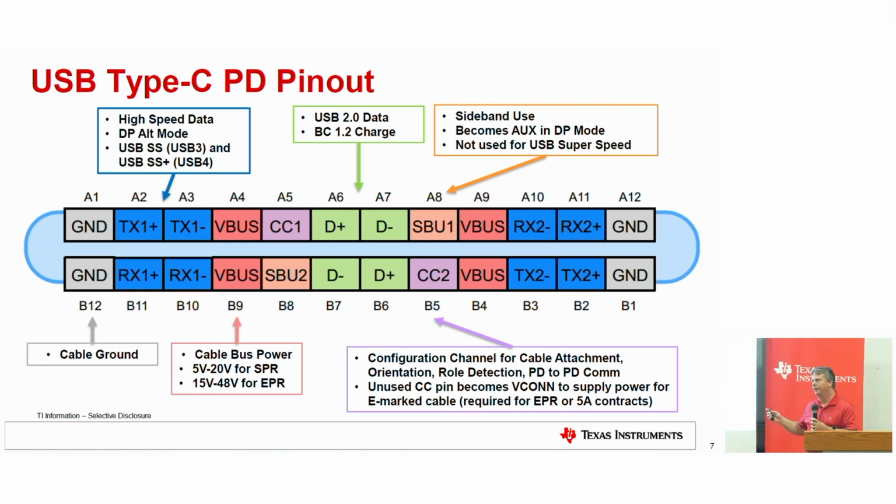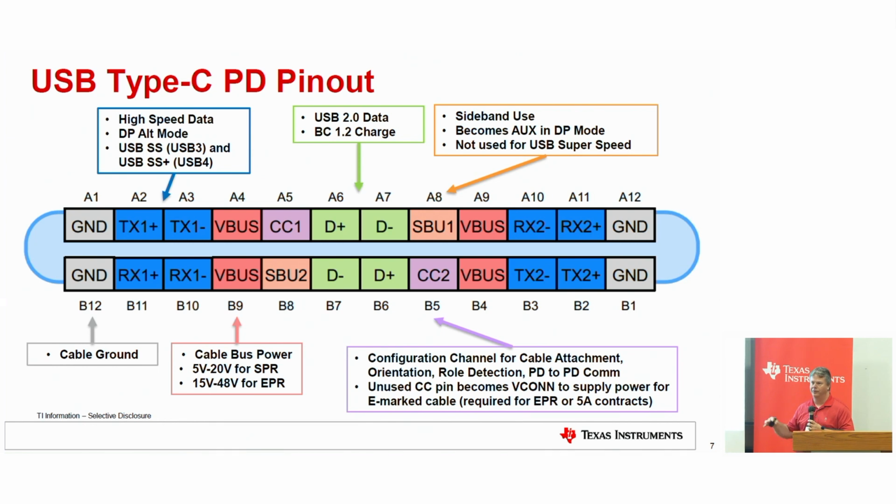And one more thing, as we talk about the new PD 3.1 spec, to be able to go up to 48 volts, so anything above 20 volts, you have to query the cable and make sure that it is PD 3.1 or EPR capable. Again, that's all for safety, so you don't damage anything on either side of the system. But that happens through the CC lines.